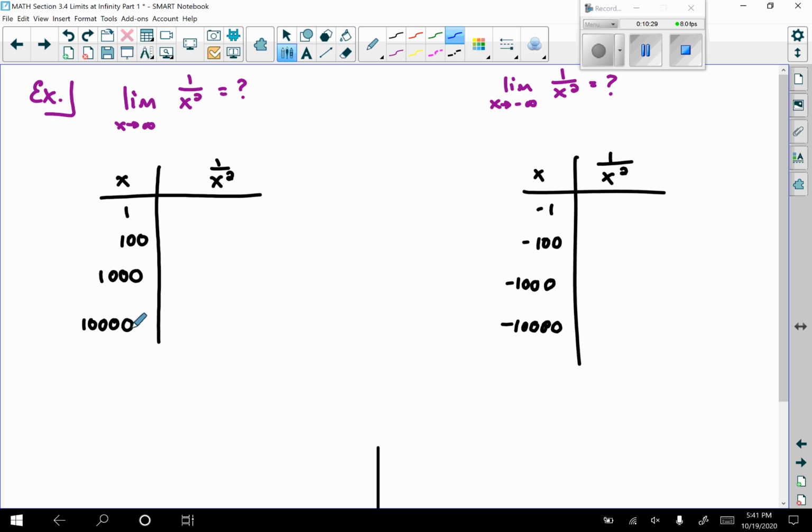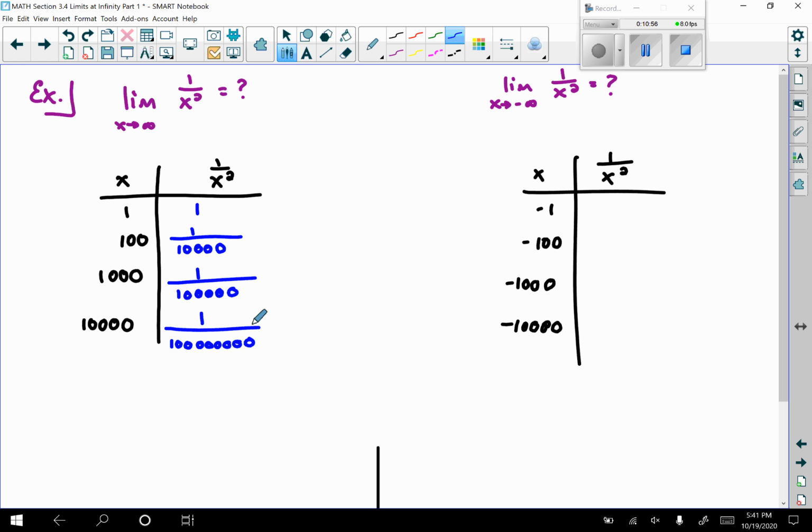So 1 over x squared: this will become 1 over 1, which is just 1. Next, 1 over 100 squared gives 1 over 10,000. Next, 1 over 1,000 squared is 1 over 1,000,000. And then 1 over 10,000 squared gives me 1 over 100 million.